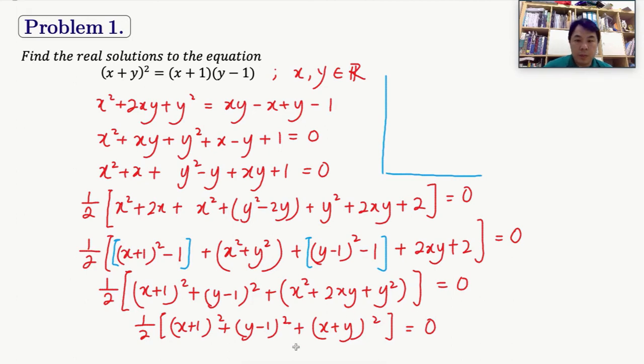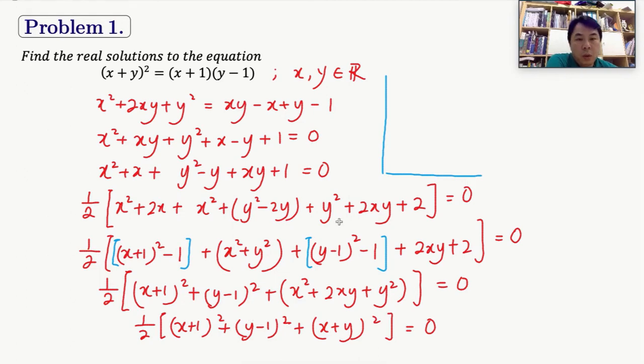So at this point you can see that we can rewrite this as (x + 1)² + (y − 1)² + (x + y)² here. Now you notice that all these terms are positive.